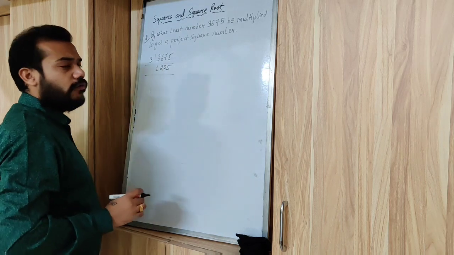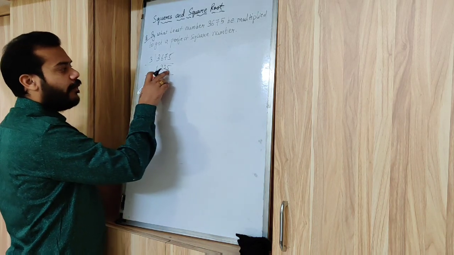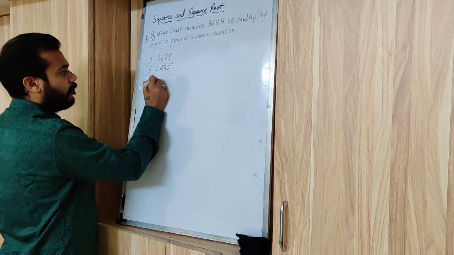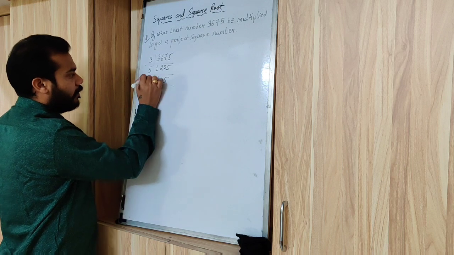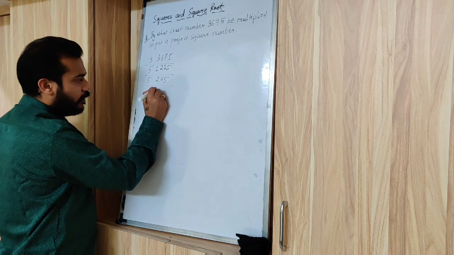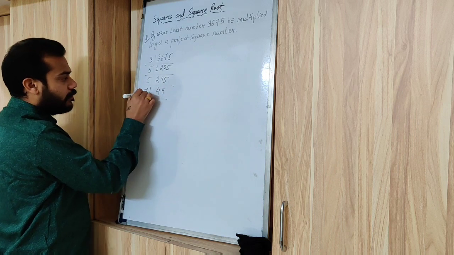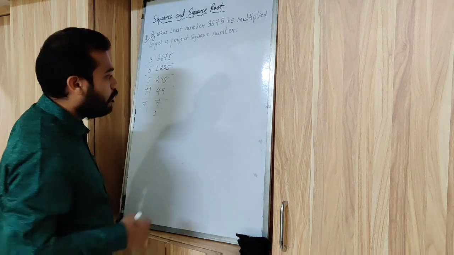Is 1225 divisible by 3? 1 plus 2 is 3, 3 plus 2 is 5, and 5 and 5, 10. No. The next number is 5. 5 2s are 10, 5 4s are 20, 5 5s are 25. Then again by 5, this is 245. 49 is divisible by 7, 7 7s are 49 and 1.